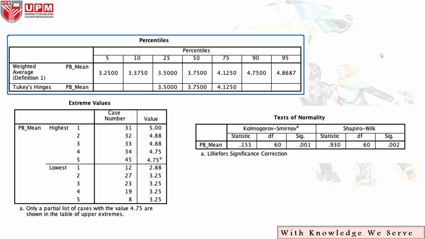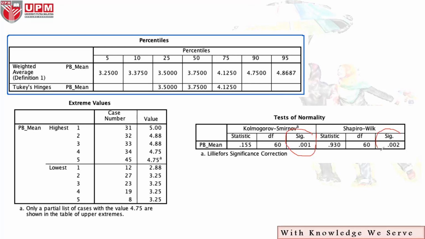And the next one is the test of normality by using statistics, which are two statistics that I'm sure you already learned during your statistics class, which are Kolmogorov-Smirnov and Shapiro-Wilk. So what is the criterion to read the Kolmogorov-Smirnov and Shapiro-Wilk table? We refer to the significant value.